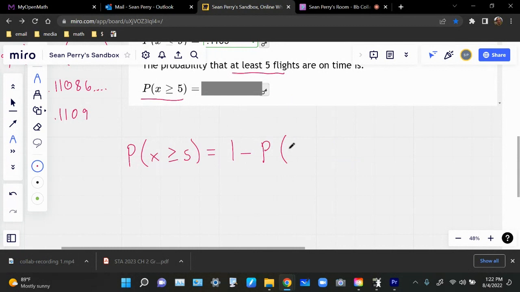I wind up with the probability X is less than 5, strictly less than 5. Now that is the same as the probability that it is less than or equal to 4. That's because there's no 4.5 trials in this condition. You can't have 4.5 planes be on time. These are whole numbers only, and so X is less than 5 or X is less than or equal to 4 are equivalent conditions.